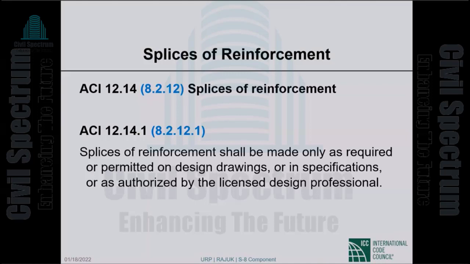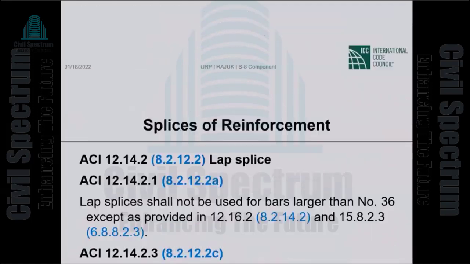Splices of reinforcement shall be made only as required or as permitted on design drawings or in specifications or as authorized by the licensed design professional. You cannot just do it.